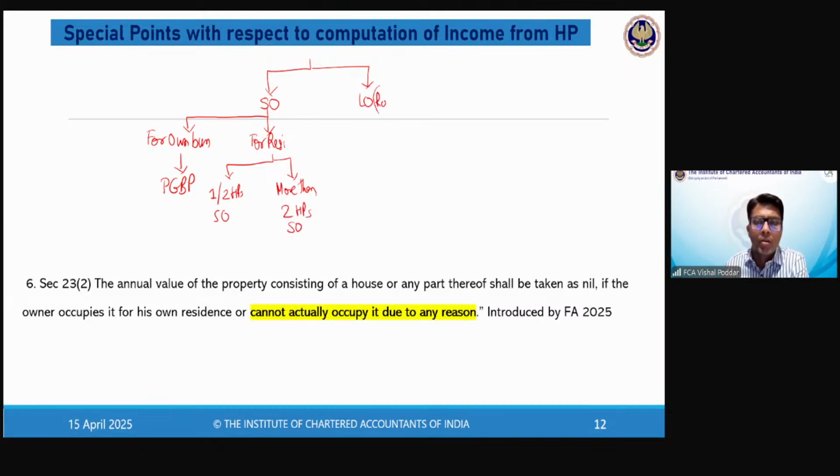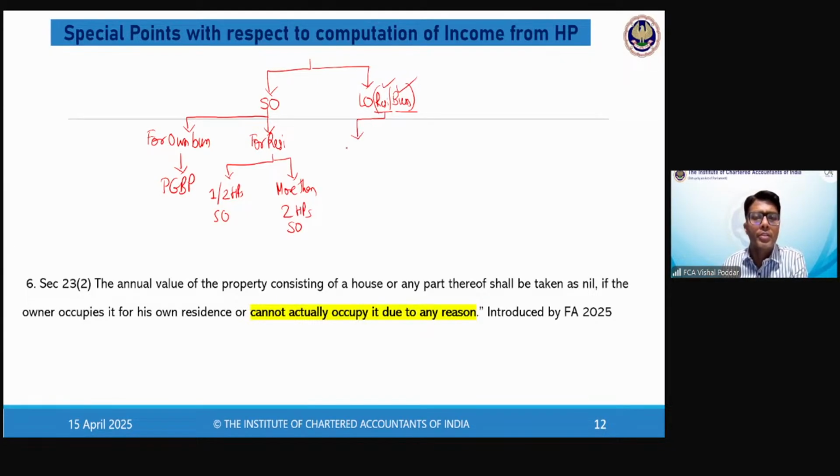Let out may be for residence or for business, it makes no difference. Whatever purpose you have let it out for, what the other person is doing in your let out property is none of your business. They may be residing in it or they may be running their business. For you, the treatment is the same.